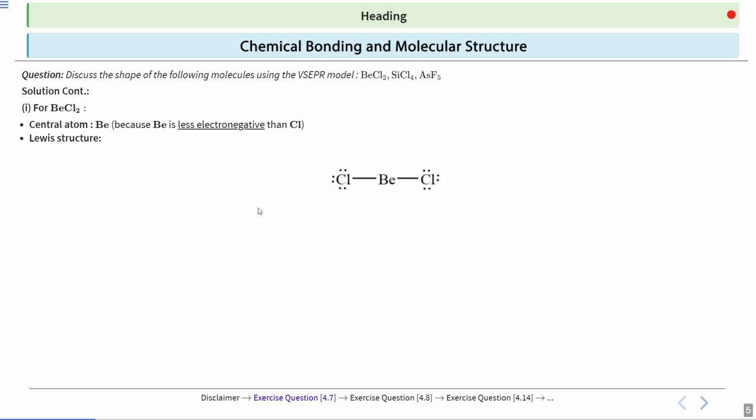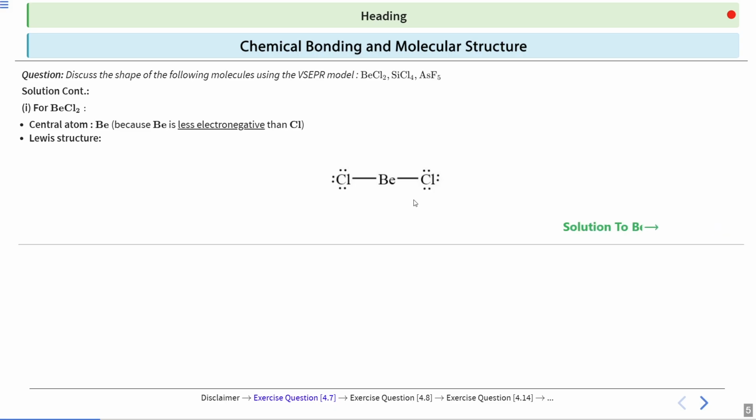Now this will be the Lewis structure. It's very simple. Beryllium has 2 valence electrons. It will share both with chlorine, forming a single bond with both chlorines. Here remember, it is a hypovalent compound because beryllium is still not completing its octet.